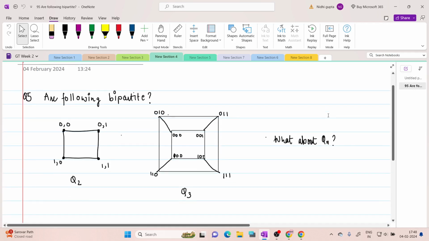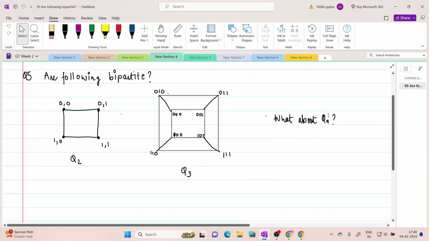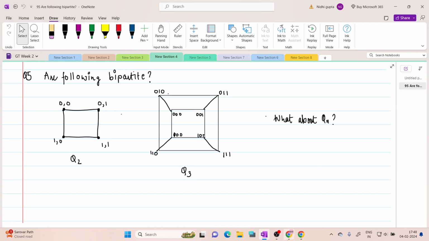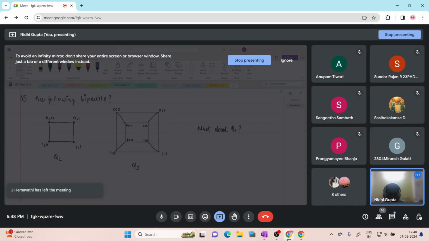Now the next question is this. Is everyone aware of Qn, hypercubes? Is everyone aware what Qn looks like? What do we mean by the graphs Qn?